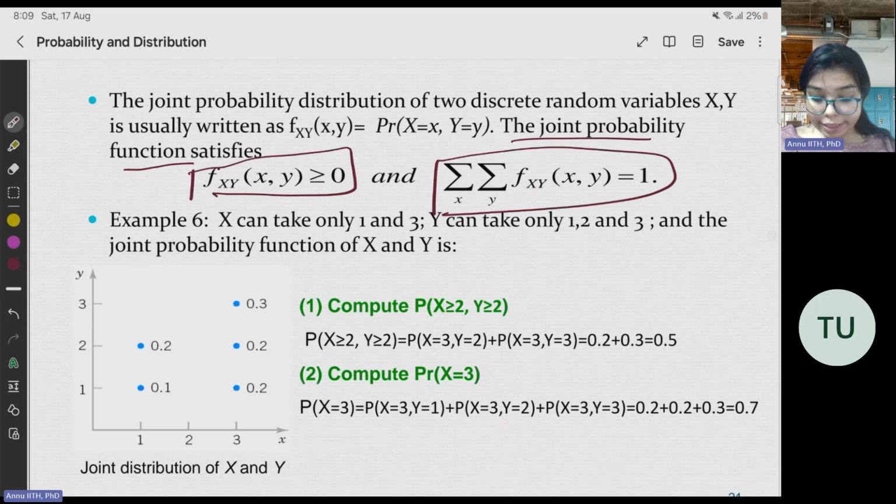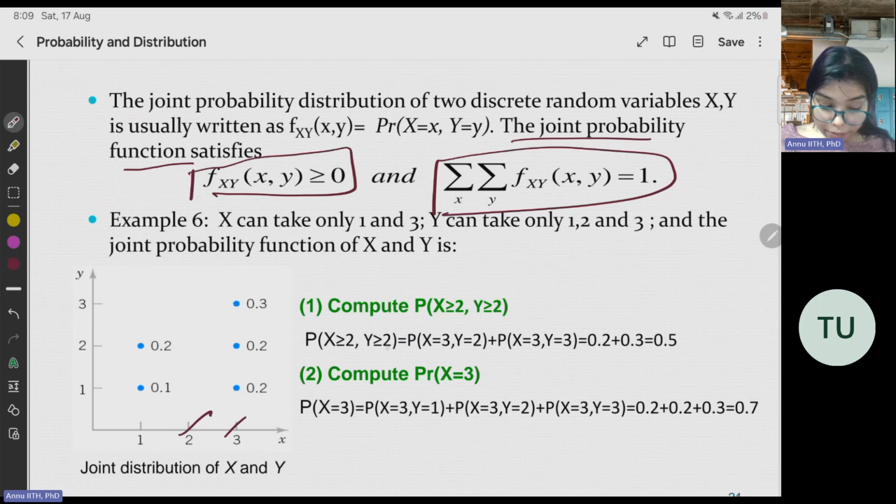So if it is asked, how will you calculate? If it is discrete, you can directly calculate using sum. So if it is x greater than or equal to 2, y greater than or equal to 2, it is equal to p of x equals 3, y equals 2, because here x is greater than or equal to 2. So it is 2 or 3. Okay.